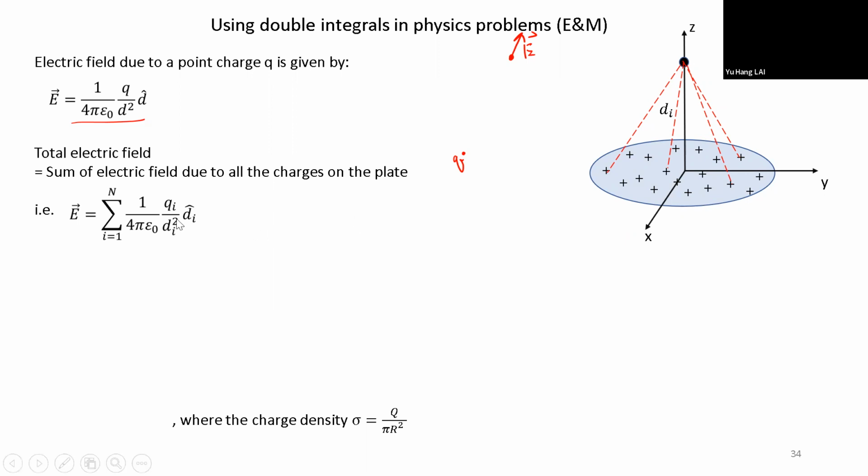In principle, you also understand this is a vector sum, because if the charge here is pushing you this way, and you have another charge here pushing you this way.